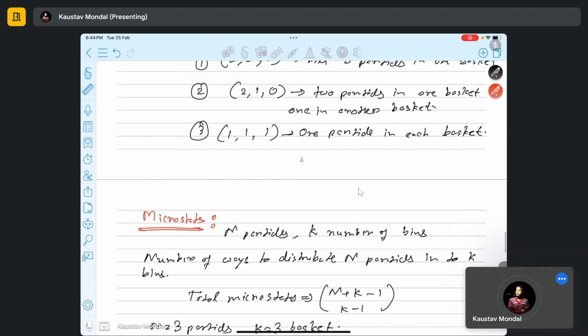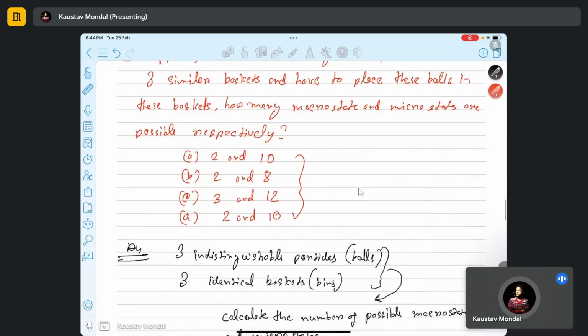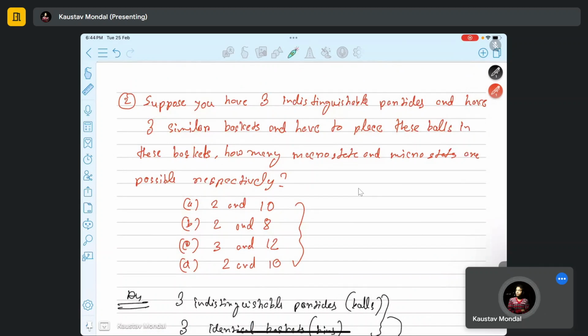Let me recap what we have done in this problem. It is mentioned that you have 3 indistinguishable particles and 3 similar baskets. We want to arrange these 3 indistinguishable particles in the baskets, and considering it as a statistical system, we have to calculate the possible number of macrostates and microstates.